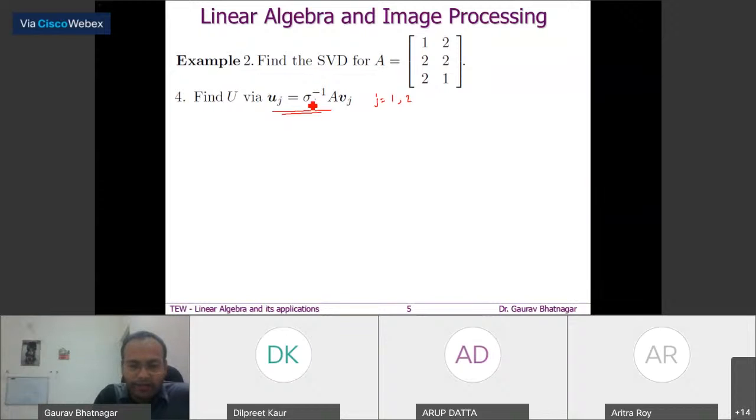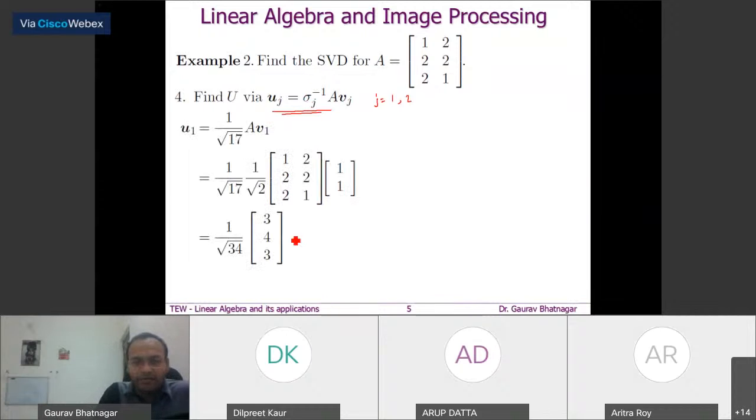So let me quickly do that exercise. Using this formula, since sigma j is a scalar value, its inverse is just the reciprocal. So u1 is nothing but 1 over sigma 1. Sigma 1 is root 17, which we have seen in the last slide. Then matrix A is given as this. V1 I know is 1 by root 2, 1 by root 2.